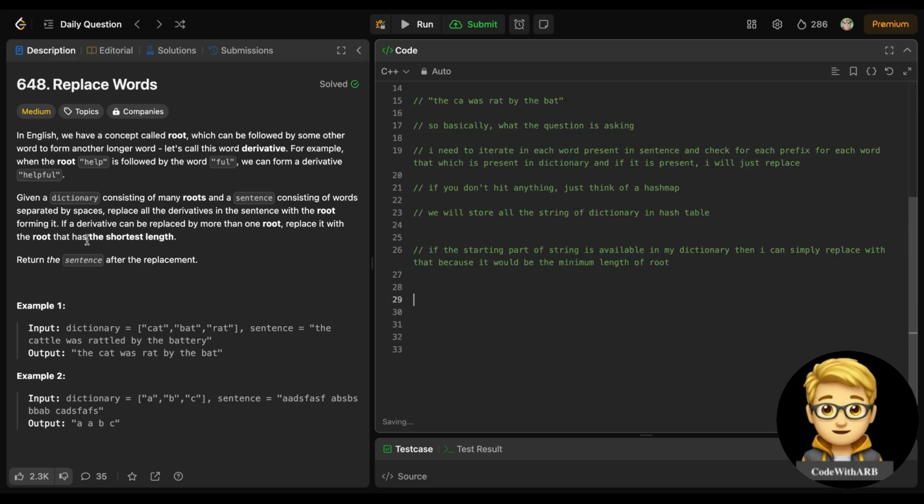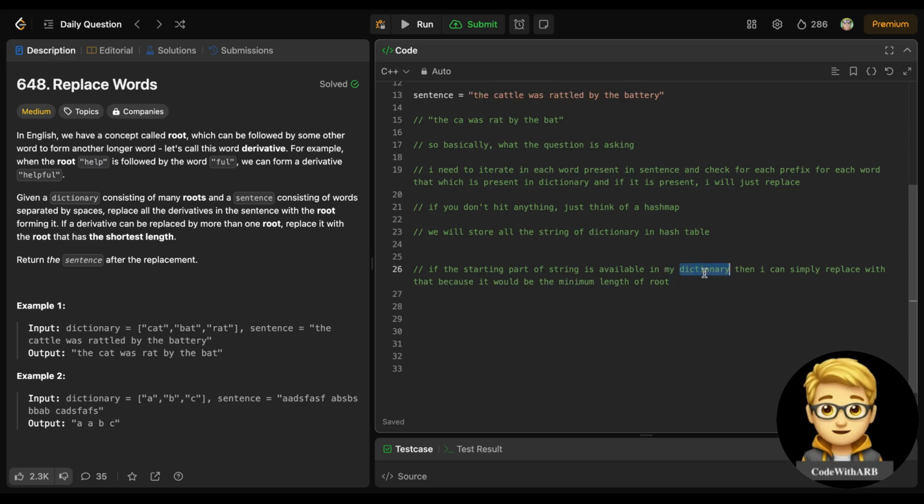We need to replace it by the shortest length. So whenever we first get any root from the dictionary, we will just replace it.